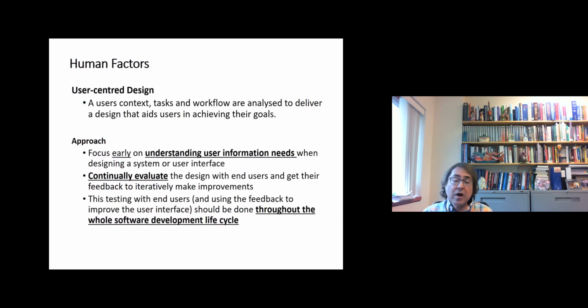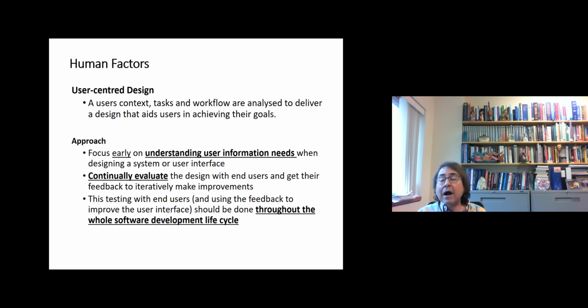In general, an approach that we say should be used in healthcare IT and other areas is called user-centered design. And it's the idea of three tenets to this. One is that we focus early on understanding user information needs, even from the beginning of the design, when designing a system or user interface. Secondly, this is where evaluation comes in.